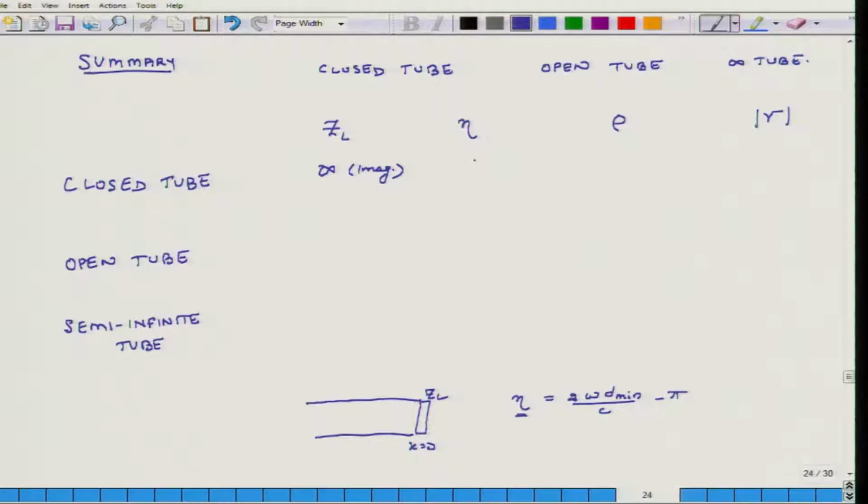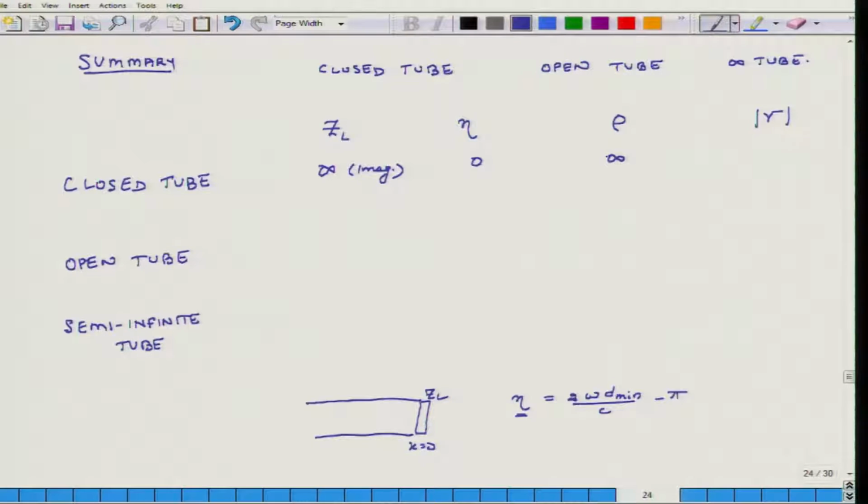So, pi minus pi is 0. And then rho is the ratio of maximum pressure amplitude divided by minimum pressure amplitude. Maximum pressure amplitude is non-zero and minimum pressure amplitude is 0, at some specific location. So, this is infinity.